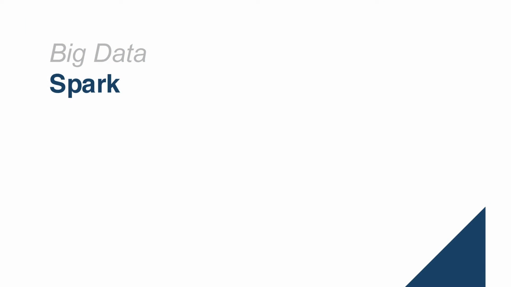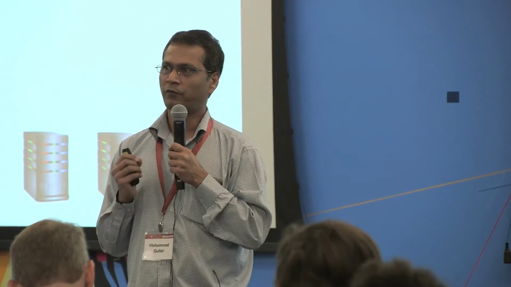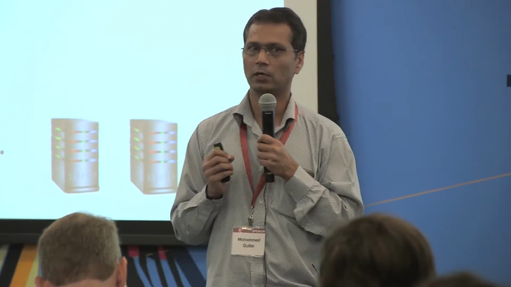All right, so let's talk about one of these solution technologies that was built to allow you to use scale-out architecture, and at the same time addresses some of the challenges that we just discussed. So what exactly is Spark? It's basically a fast, easy to use, general purpose framework for processing large data sets using a cluster of servers.